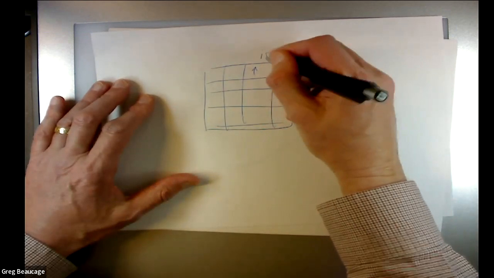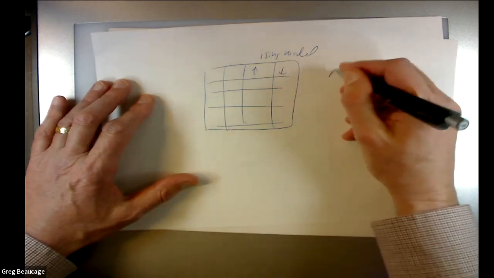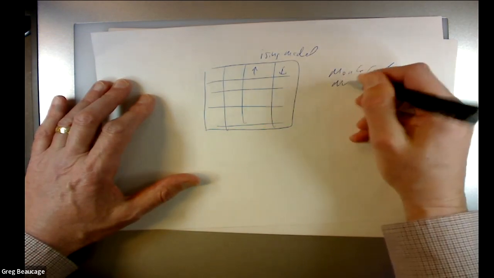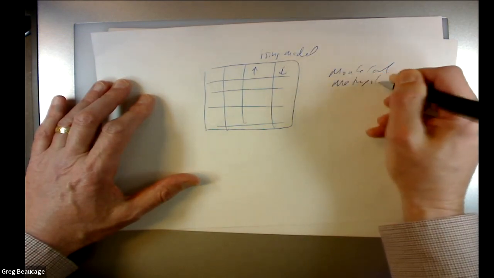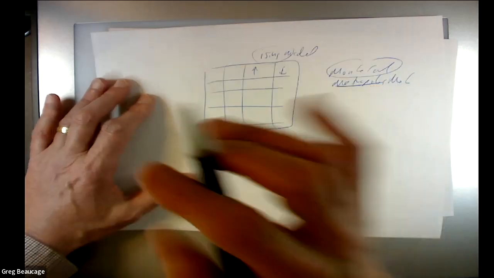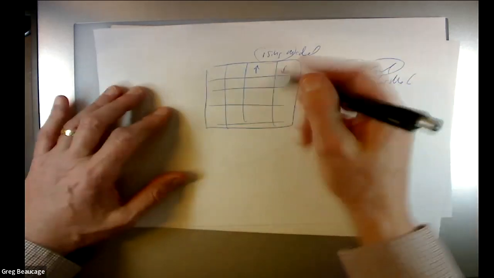And then you do this Monte Carlo thing using the Metropolis method. So Metropolis is a person, Monte Carlo is a place, Ising's a person. Metropolis sounds like it's a place, but it isn't.